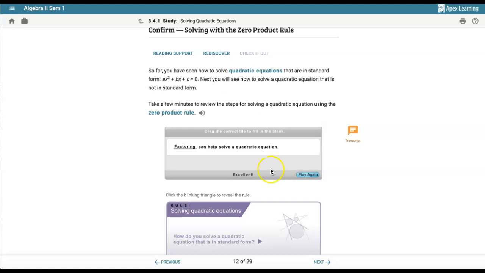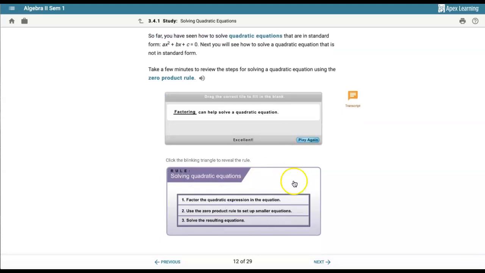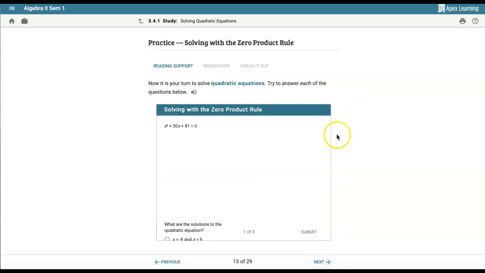Factoring those can really, really help. Then to solve a quadratic equation and get those x values, you've got to factor, and you've got to use the zero product rule to set up those smaller equations: setting each factor equal to 0, and then solving the resulting equation.